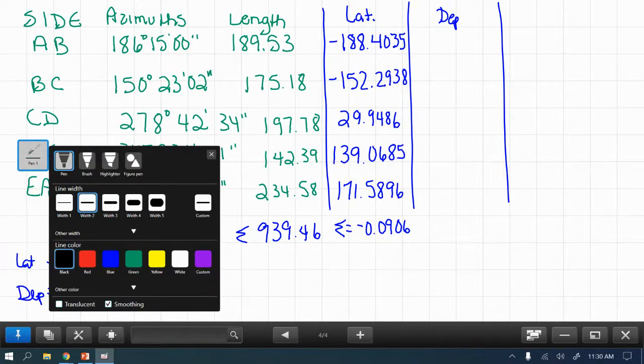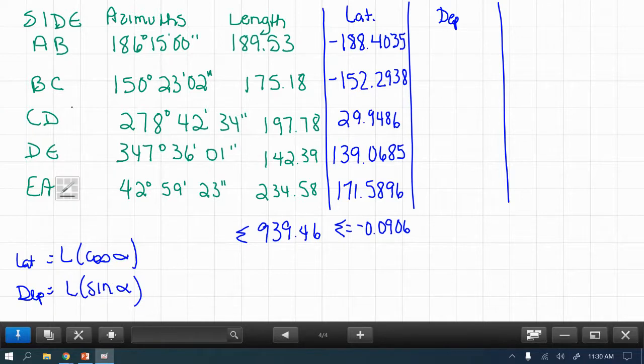Anybody started on the departures? Negative 20.6335. Negative 20.6. Okay. 86.5716. Okay.